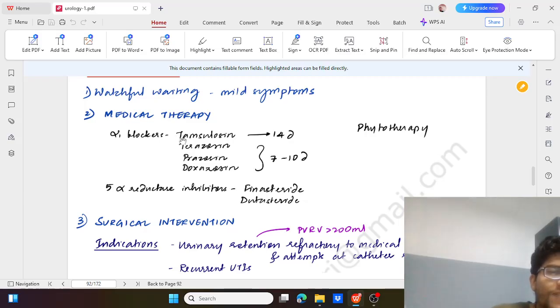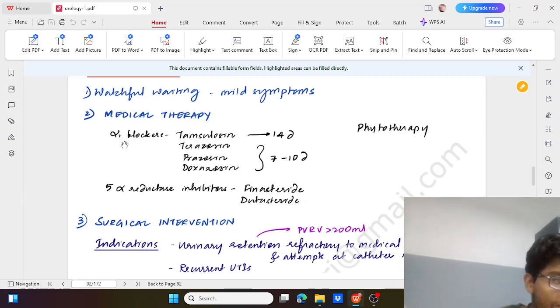So what these alpha blockers do is relax the prostatic urethral sphincter. From that effect, it causes its action. There is only functional release of the urethral passage. The alpha blocker does not stop the growth of the prostate.